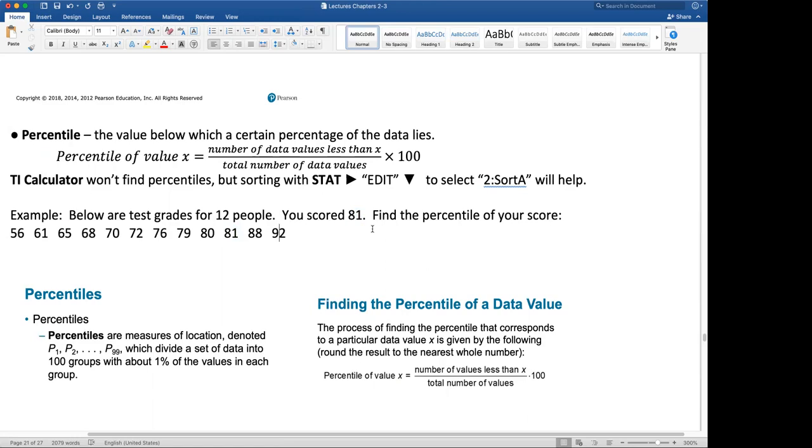For example, a 90th percentile for 81 means that 90% of the students have scores below your score of 81. Okay, that's the meaning of percentile.